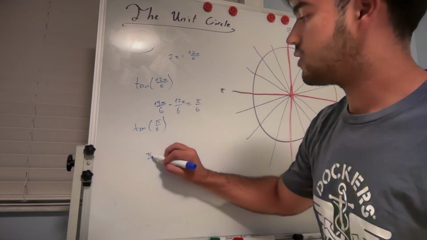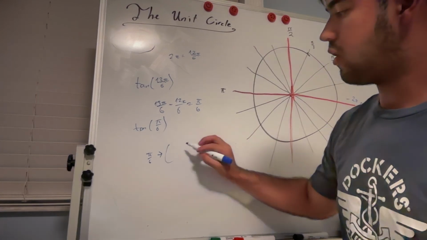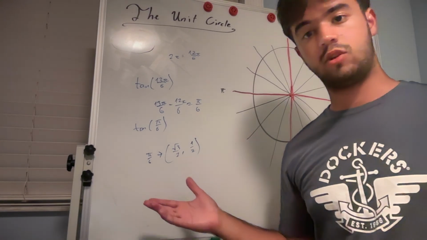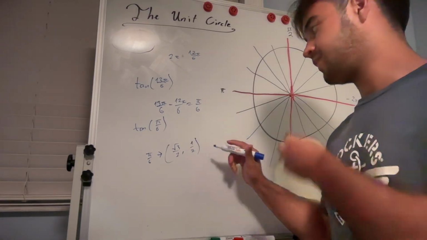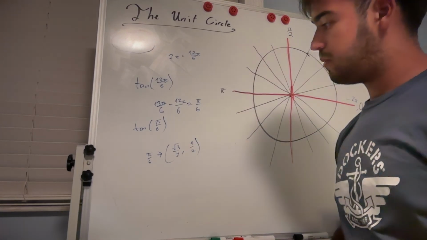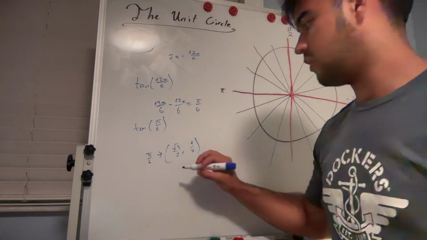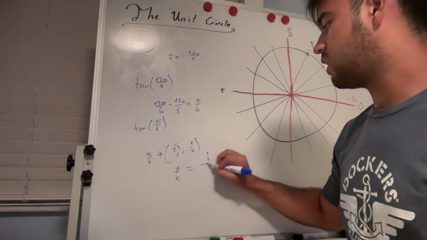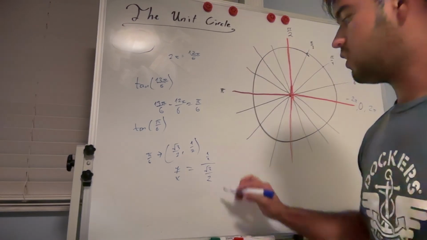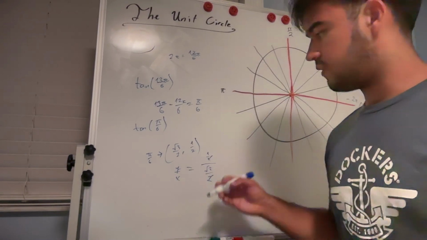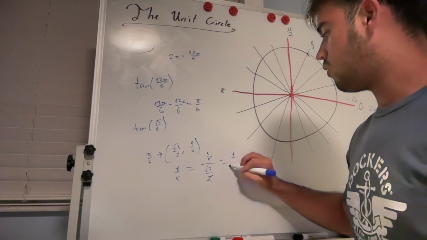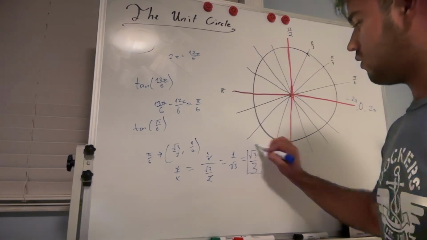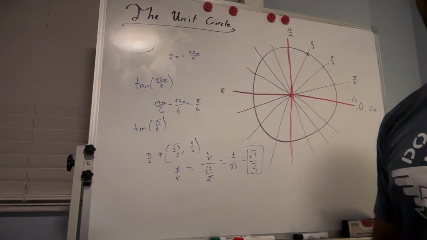I know that at pi over 6, my coordinate points are the root of 3 over 2 and 1 over 2, based on the trick that I showed you earlier. And since tangent is my y over x, my y is 1/2, and my x is the root of 3 over 2. The 2's can cancel out from fraction division, and we'll end up with 1 over the root of 3. And if you want to simplify that, that's the root of 3 over 3. And that is tangent of 13 pi over 6.